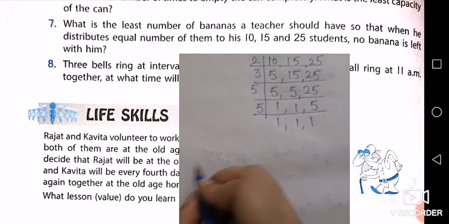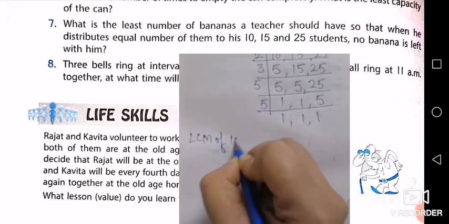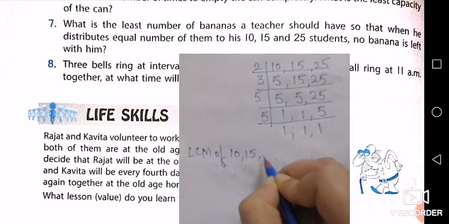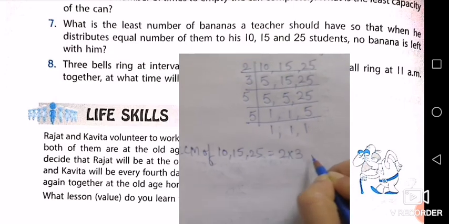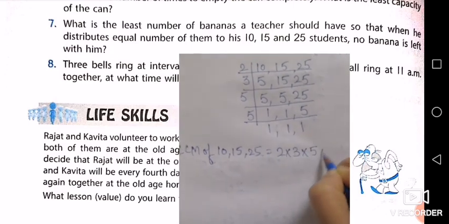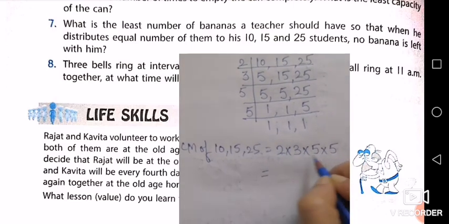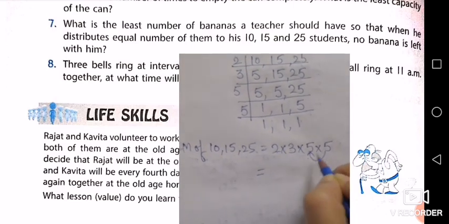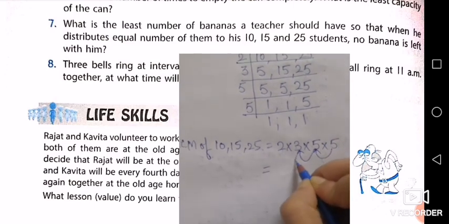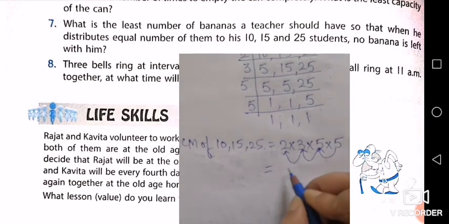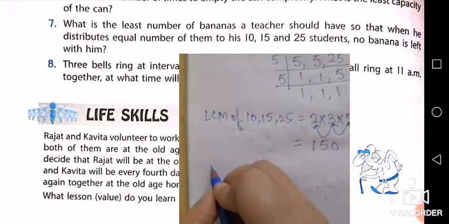Now we will find the LCM of 10, 15 and 25, which you can see here: 2 multiply by 3 multiply by 5 and then multiply by 5. Do the multiplication here. 5 5s are 25, 25 3s are 75 and 75 2s are 150.